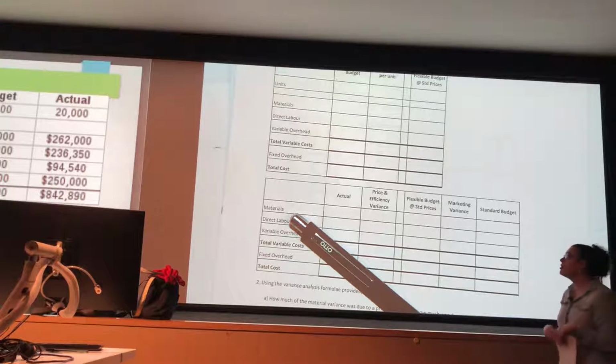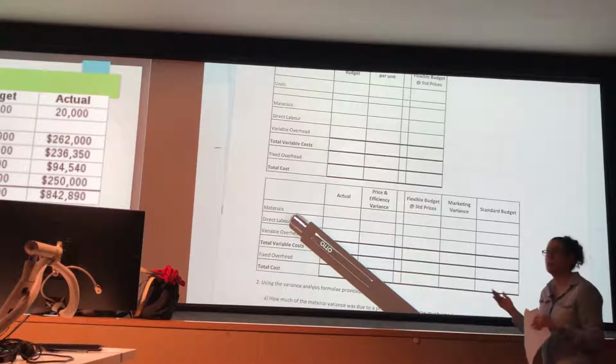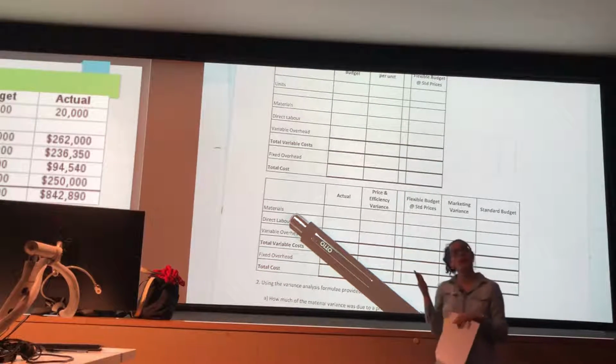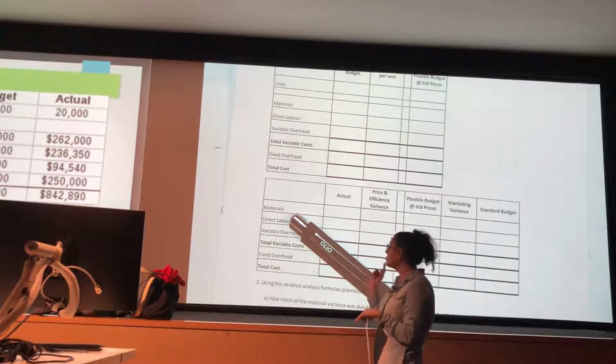It says that the number of units that we had budgeted on was 20,000 units, and we actually made 20,000. We thought that we were going to spend $240,000 on materials, but we ended up spending $262,000, sorry.